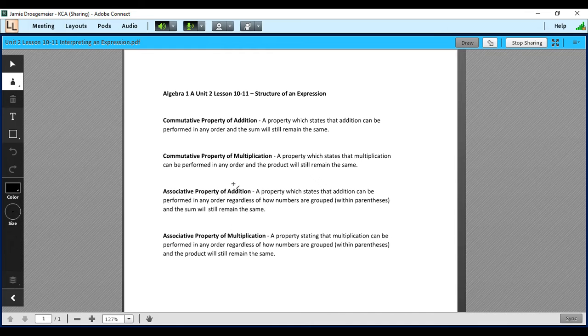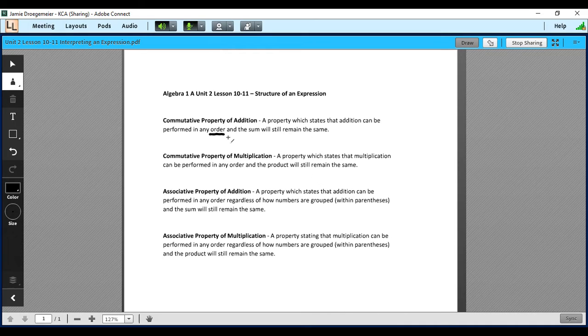We have them given here in words. I'm just going to use some simpler language to talk about them, but you do have those definitions here. So the commutative property of addition states that addition can be performed in any order and the sum will remain the same.